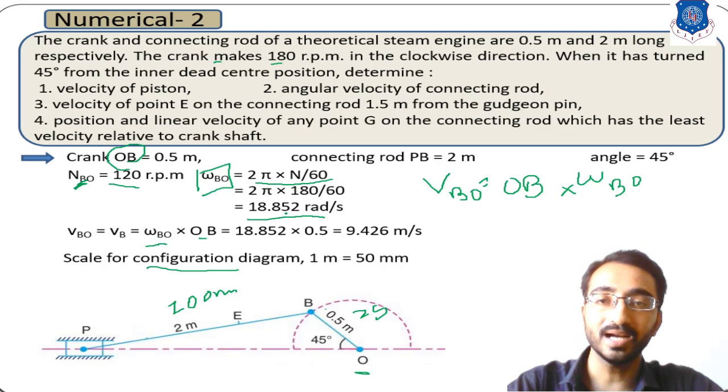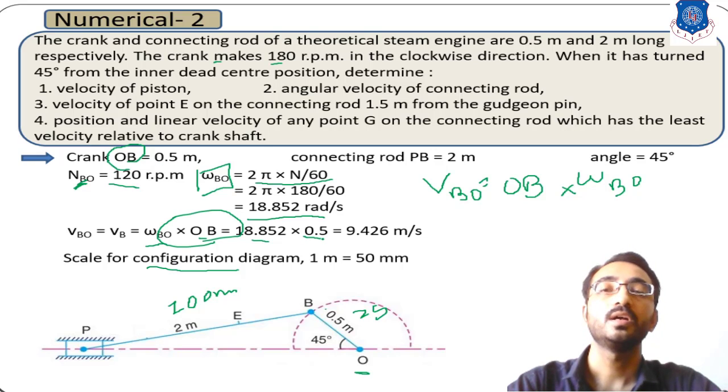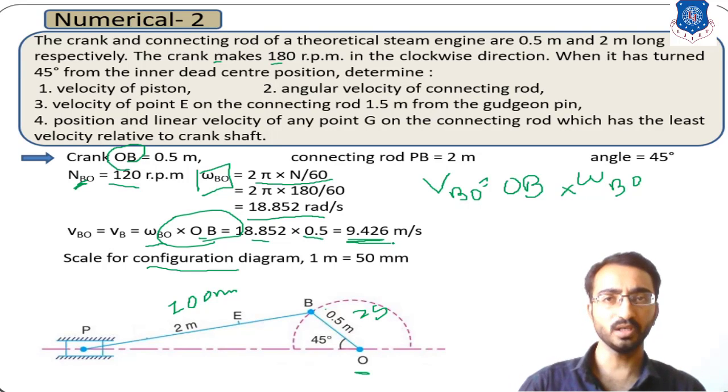Now you have omega of 18.852 and the actual length of OB is 0.5 meter. So multiplying by 0.5 will give you 9.426 meter per second. Okay, so this is the simple procedure to sketch the configuration diagram for the velocity analysis.